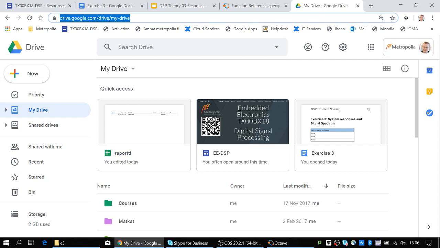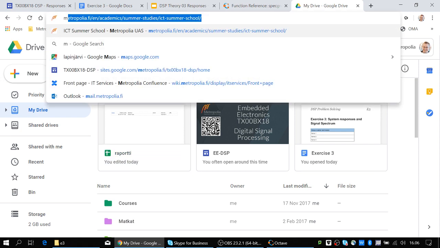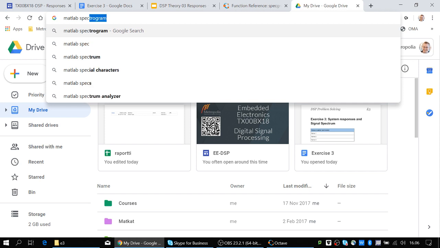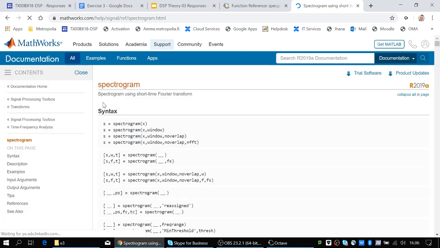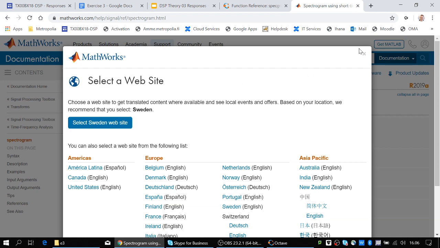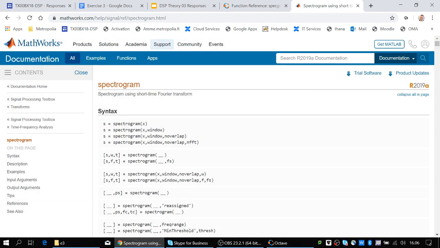Let me also take the MATLAB spectrogram function. They are a little bit different.